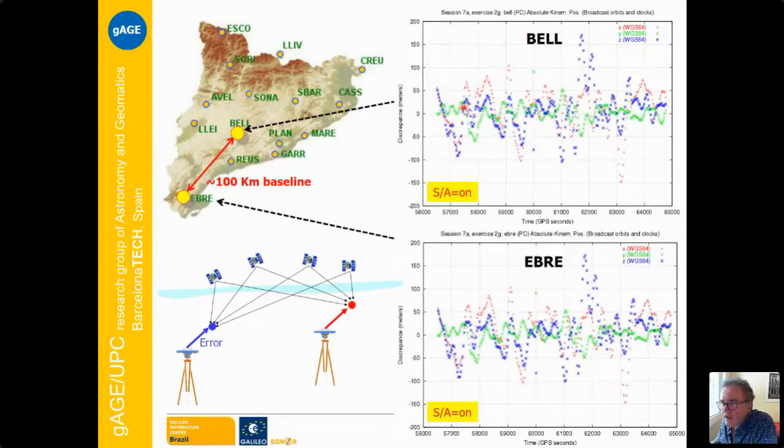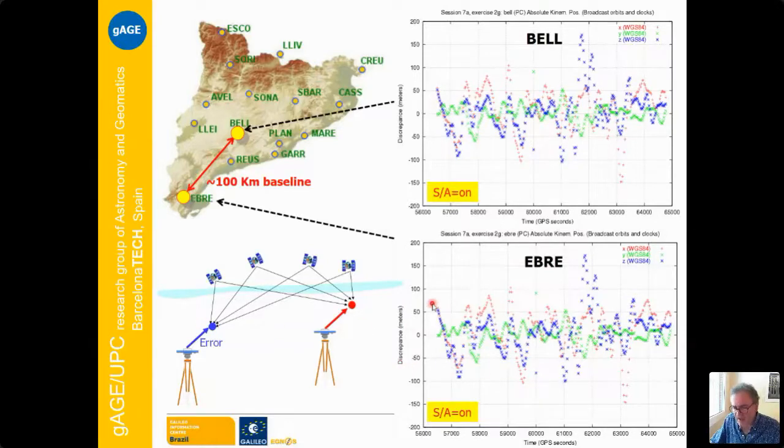Here we show the user solution for both receivers in X, Y, and Z coordinates. And as you can see, the pattern is mostly the same. The error seen by these receivers is mostly the same, and this is why the positioning error is similar.